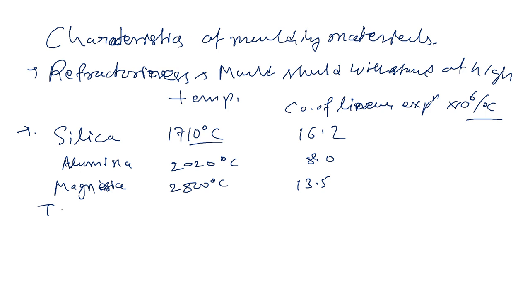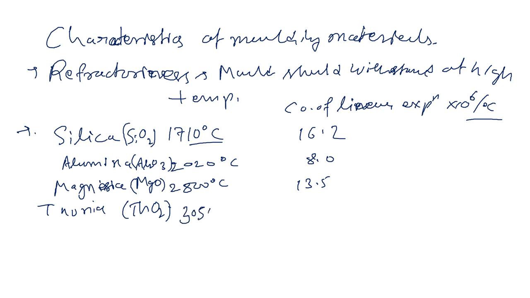And thoria. Silica is SiO2 is the chemical formula, alumina Al2O3, magnesia is MgO, thoria is ThO2, which has a melting point of 3050 degrees centigrade, and 9.8 the expansion coefficient.